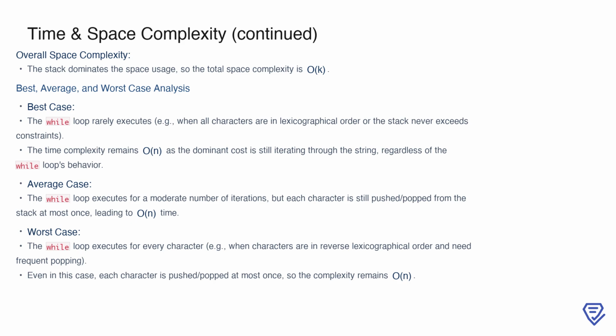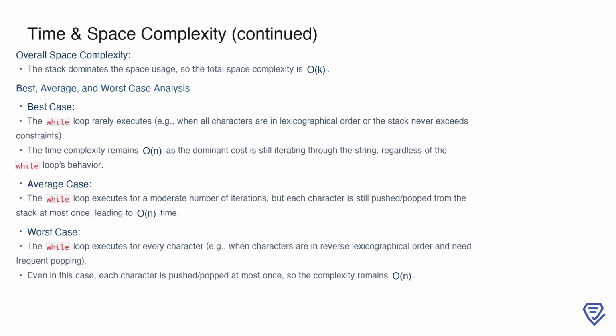Now, let's examine the algorithm under different scenarios. In the best case, the while loop executes rarely, such as when all characters are in lexicographical order or the stack never exceeds the constraints. Here, the overall time complexity remains O(n), because the dominant cost is iterating through the string.